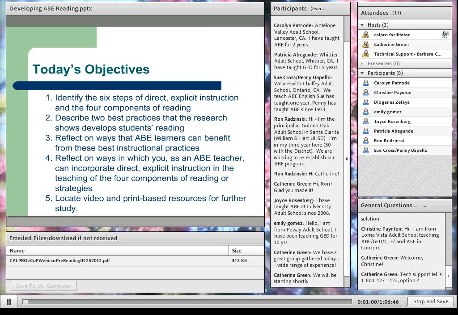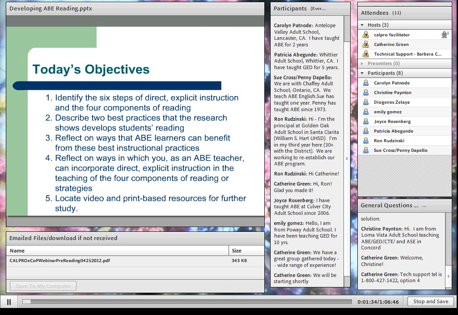We hope by the end of today you'll be able to describe 2 best practices that the research shows develop students' reading, to reflect on ways that ABE learners can benefit from these best instructional practices, reflect on ways that you as an ABE teacher can incorporate direct explicit instruction in the teaching of the 4 components of reading or in teaching strategies. And we want to give you the resources to locate video and print-based information for further study.